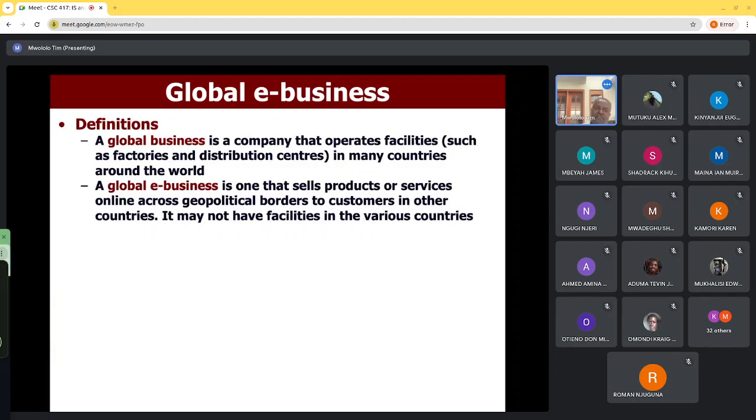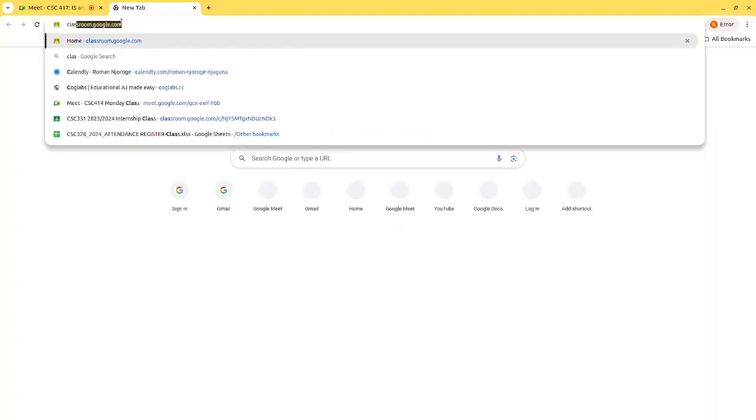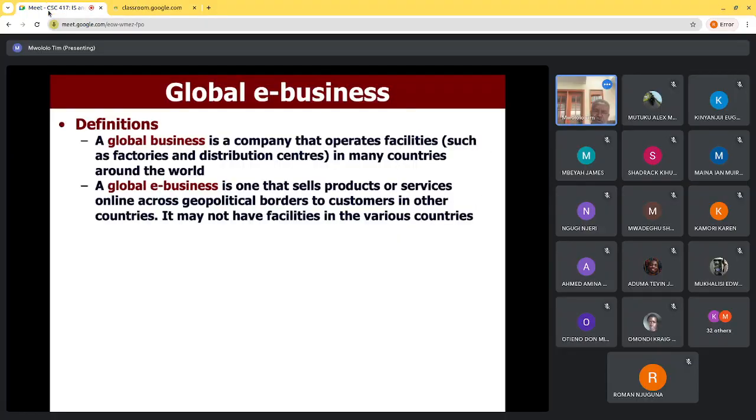Okay, no more guesses. I define two terms. Global business is basically a business that operates in many countries around the globe. They could have factories dotted all over the place. Many manufacturers moved their factories to Southeast Asia because of the cost of labor.